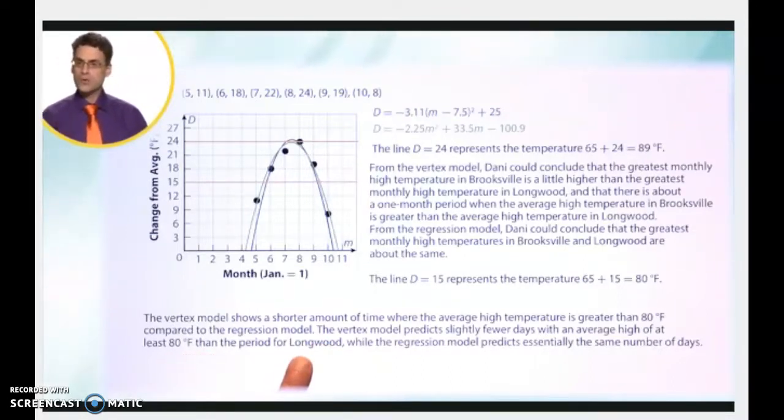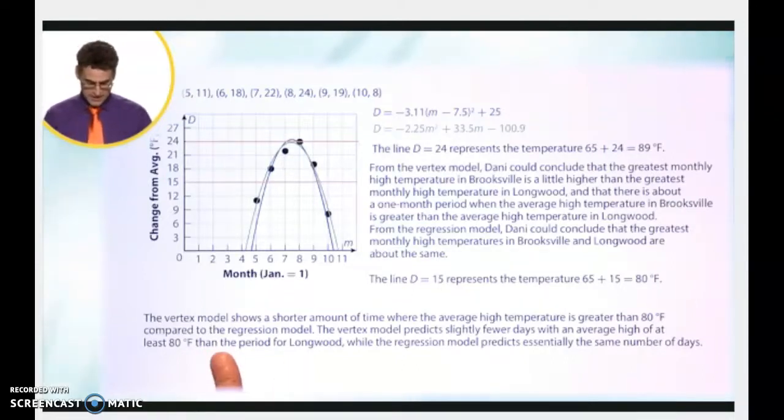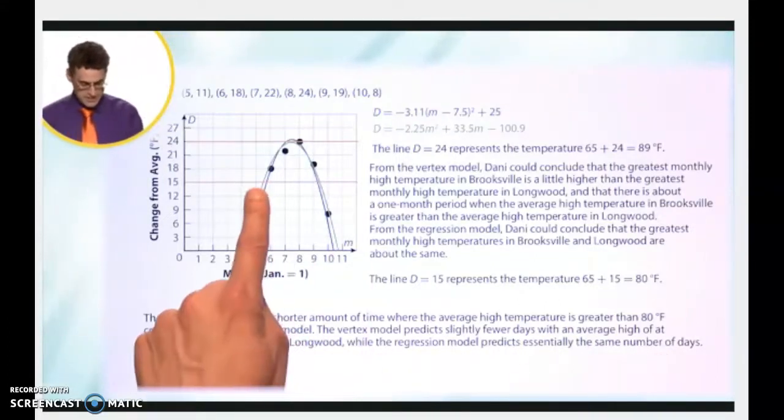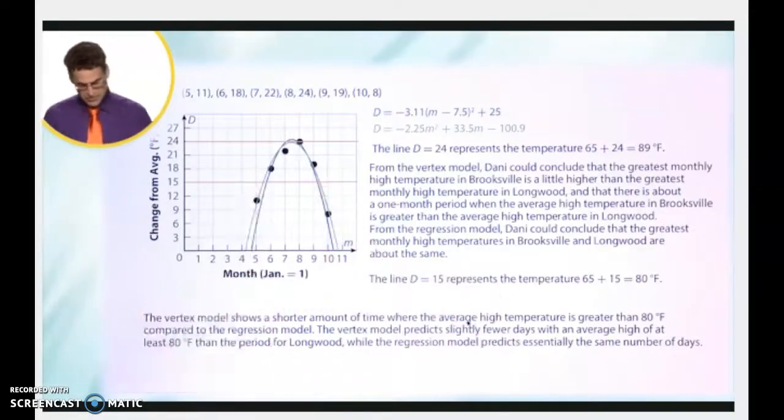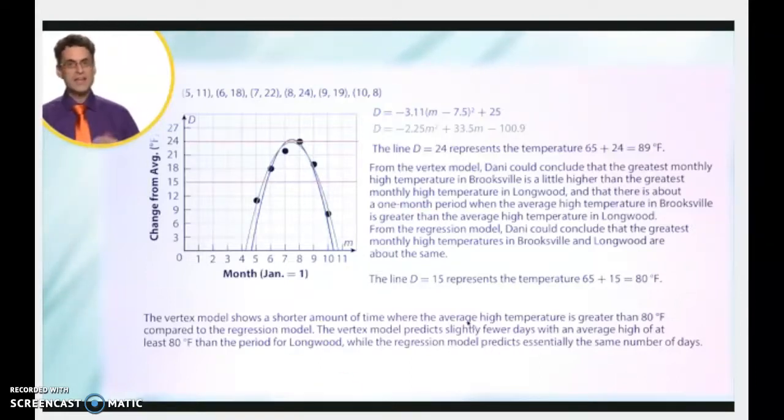Because remember, Longwood had 120 days, and here we're predicting about 110 days. While the regression model predicts essentially the same number of days, because we see about a 3 month span, which is 120 days. So roughly, they're a comparable number of days that the temperatures are over 80 degrees Fahrenheit.